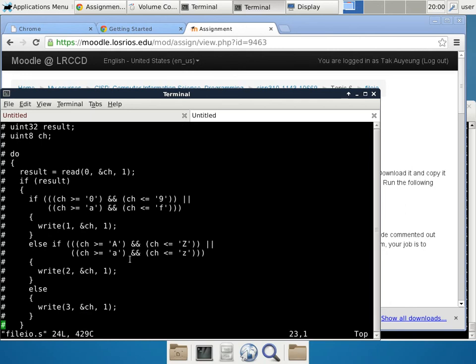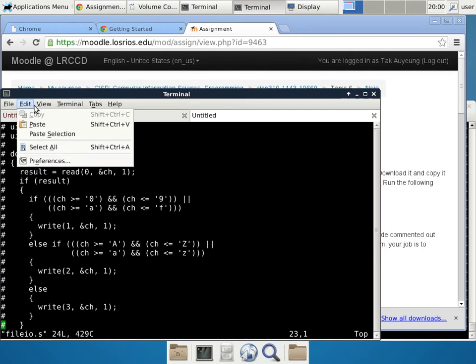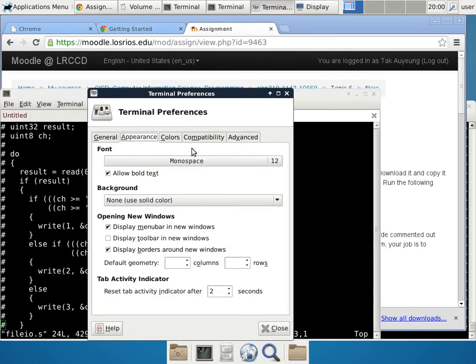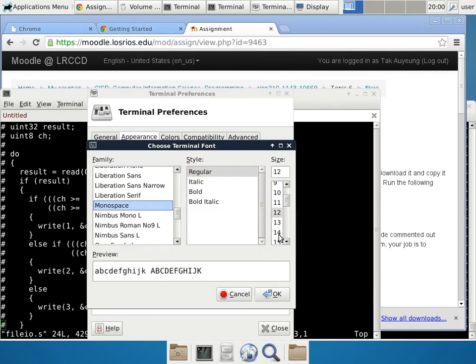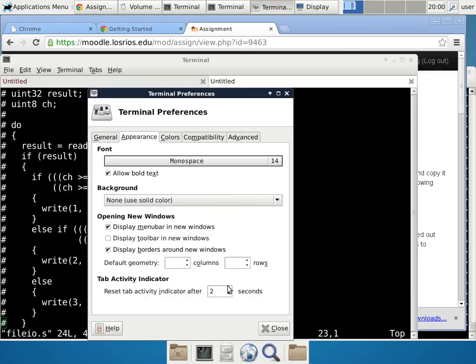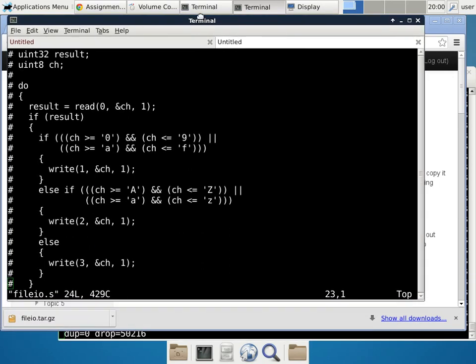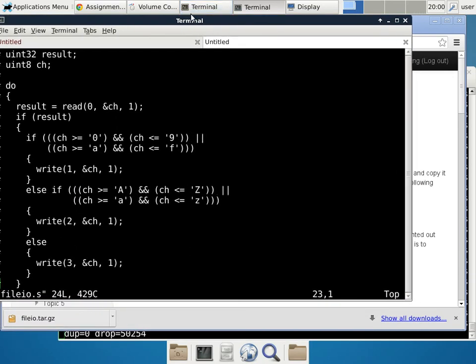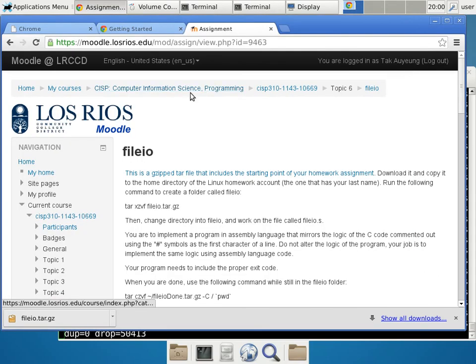Font size, bump it up. There you go. I mean, read should pass something to result, but system call read doesn't have anything like that. Yeah, it does. Where?